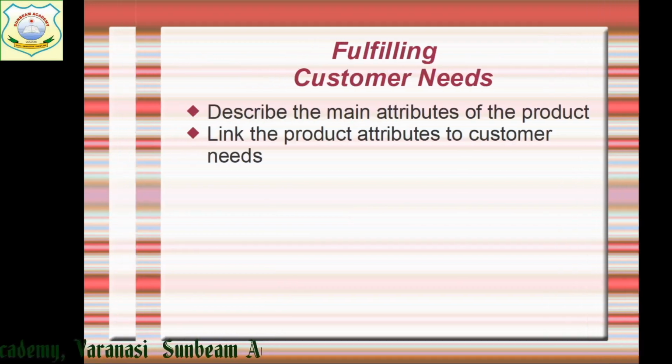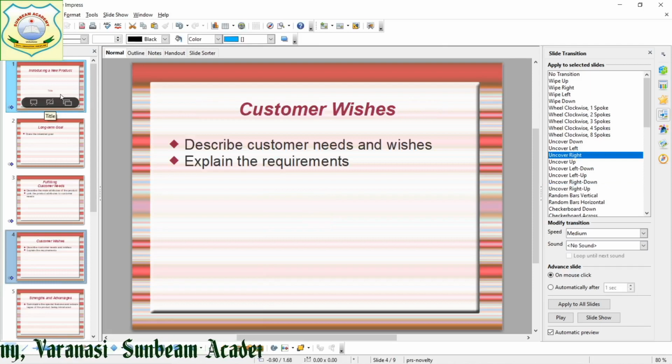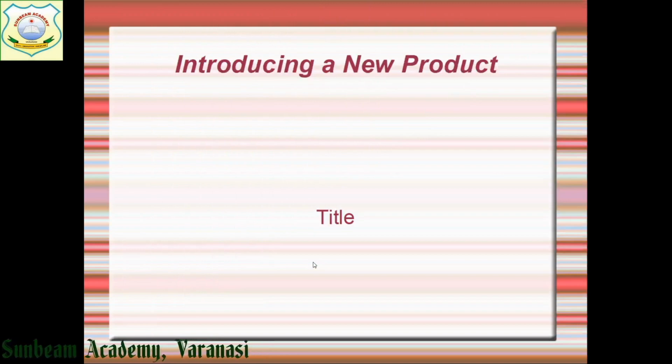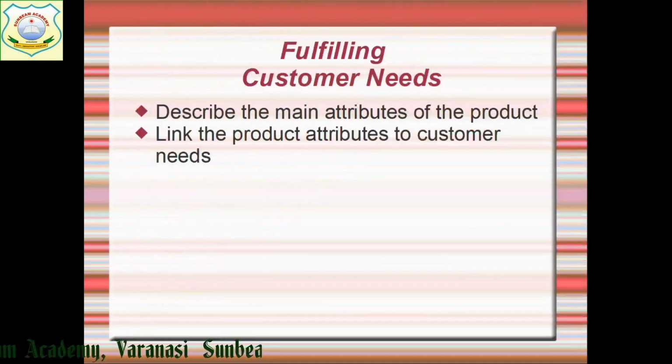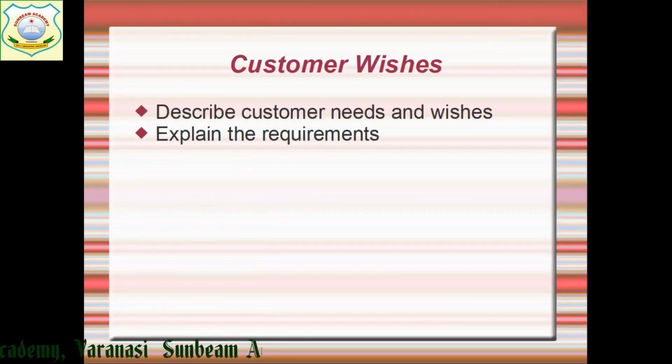But next we have not given the timing, so it is not going to come. We have to use our space key or mouse, then it will come. If I use apply to all slides, you can see the same has been applied to all the slides. Whatever effect you take for the first slide will automatically come to the second one.